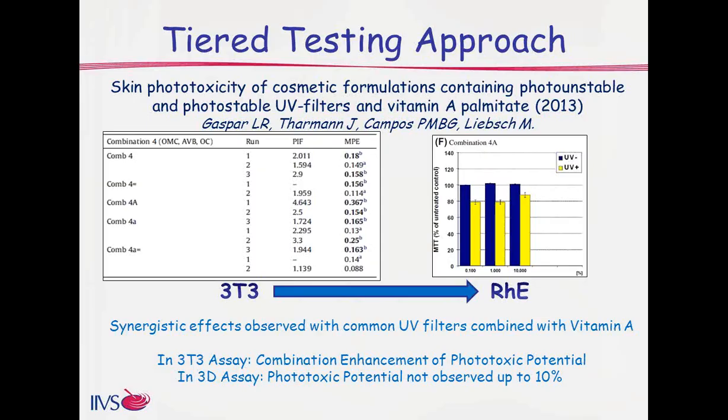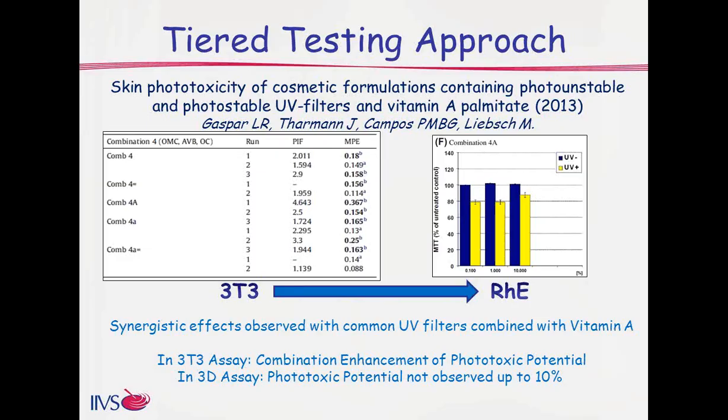So the compounds initially were evaluated for phototoxicity using individual chemicals in the 3T3 assay. Avobenzone was detected as phototoxic per OECD test guideline 432. And also, vitamin A did show some potential for phototoxicity in 2 of 4 independent trials.